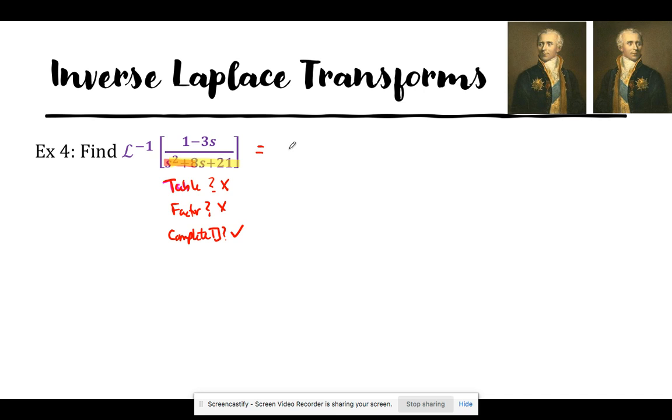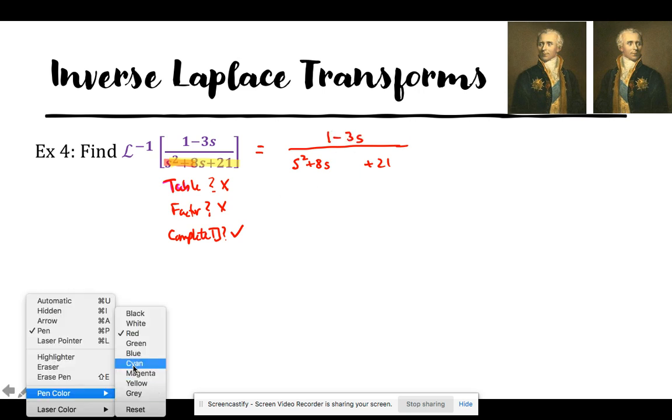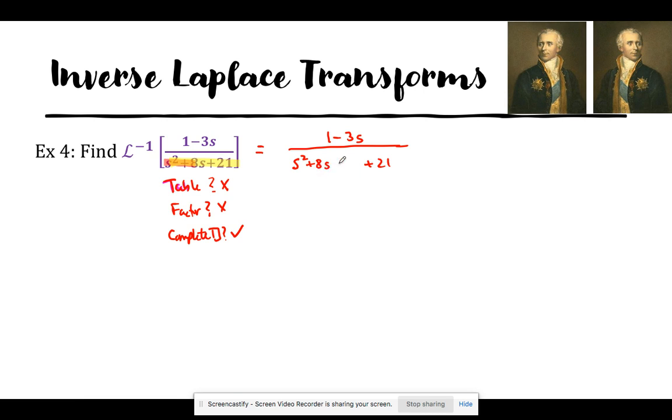So my denominator is s squared plus 8s plus 21, and I have 1 minus 3s in my numerator. Divide by 2 and square, which means you have to subtract 16, right?